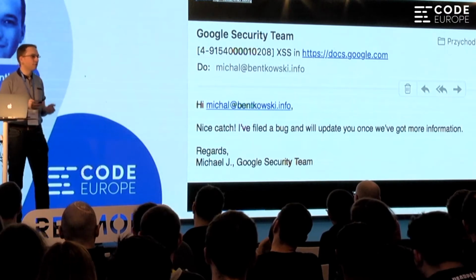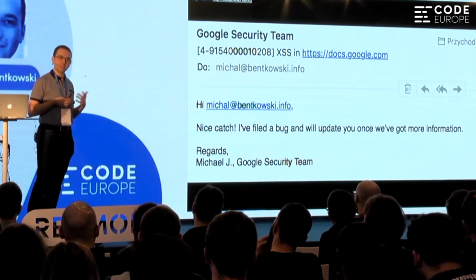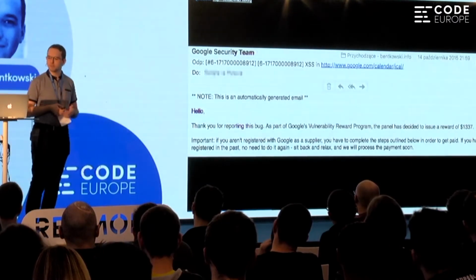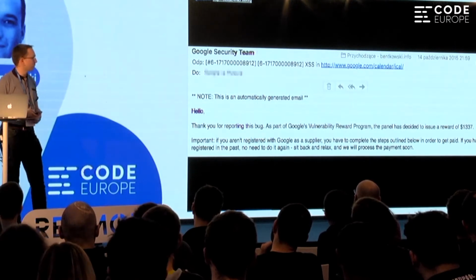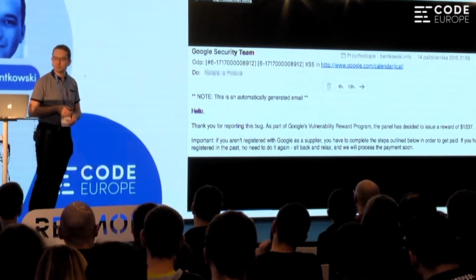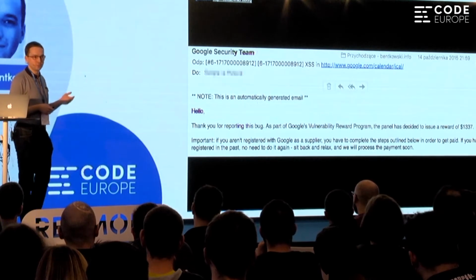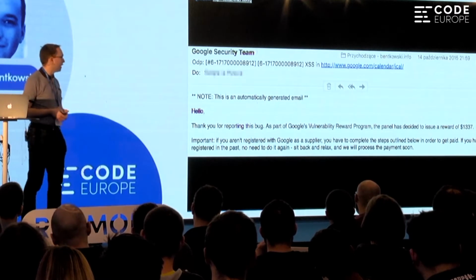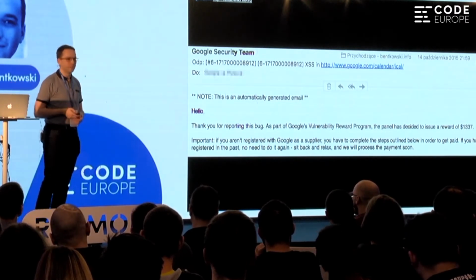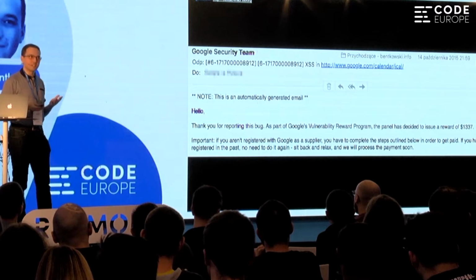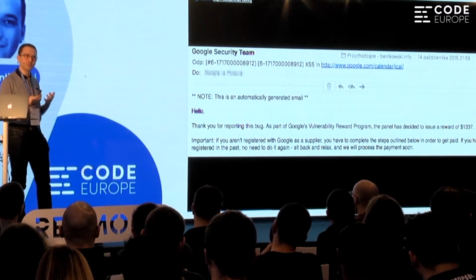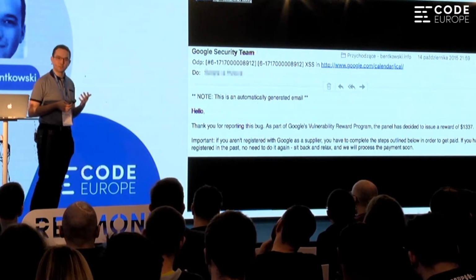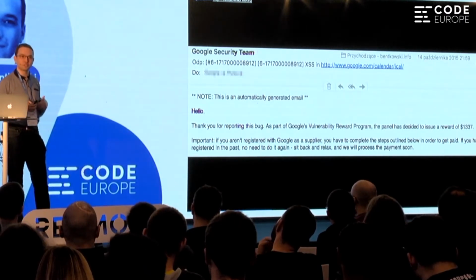And if Google decides that your issue is a valid security issue and they will pay you for it, after 2 weeks maybe, you will get the final answer that they thank you for reporting the issue. And as part of Google's vulnerability reward program, the panel has decided to issue a reward of some amount of US dollars. And this process basically takes around 2 weeks. So it is really quick compared to other bug bounty programs in which sometimes you might not get a response within, I don't know, 3 or 6 months.